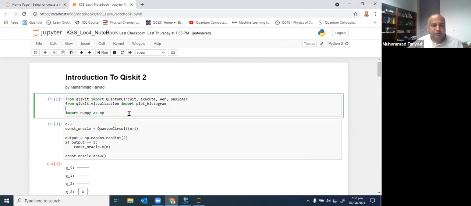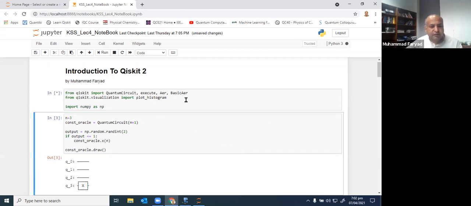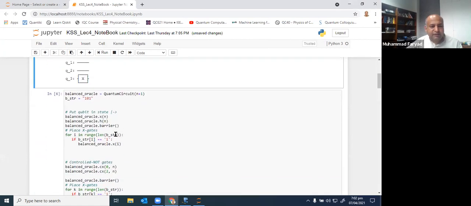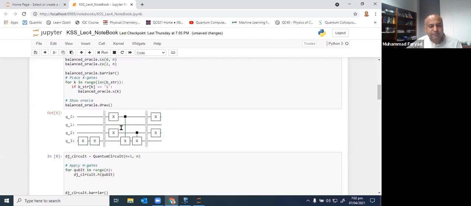Anyway, let's start with the import of execute, quantum circuit, histogram, etc. This time I'm not going to execute this constant oracle and the oracle that we prepared for the Deutsch-Jozsa algorithm. You see that even this Deutsch-Jozsa oracle is constructed just like the way I was talking about.